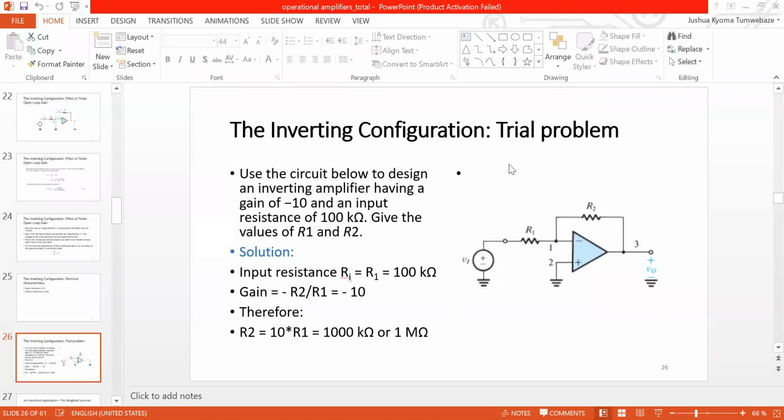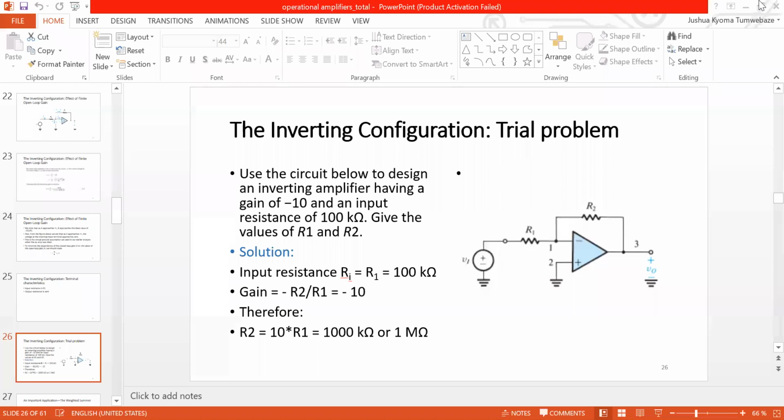where you're asked to design an inverting amplifier, okay, an inverting amplifier with a gain of -10 and an input resistance of 100 kilo ohms.